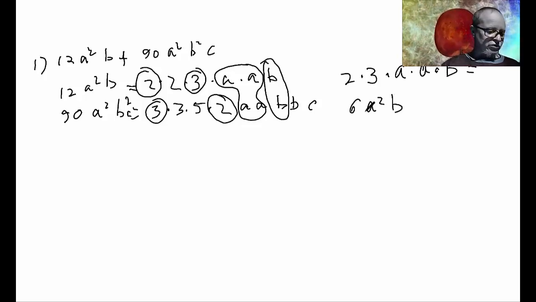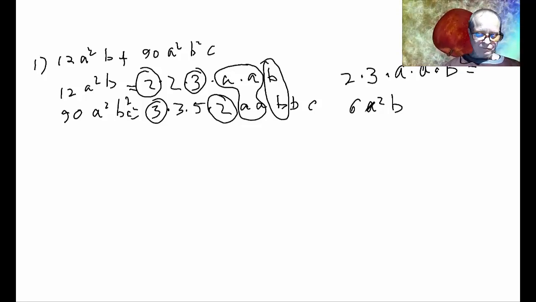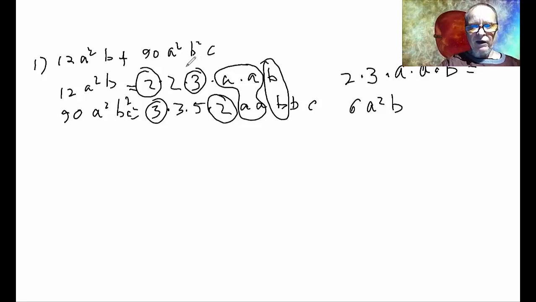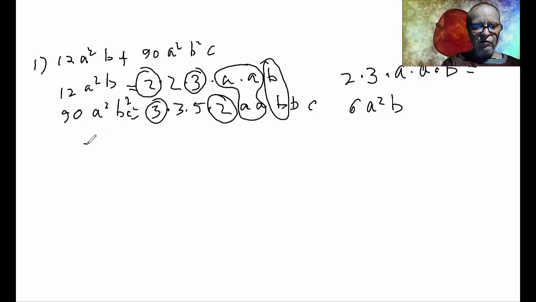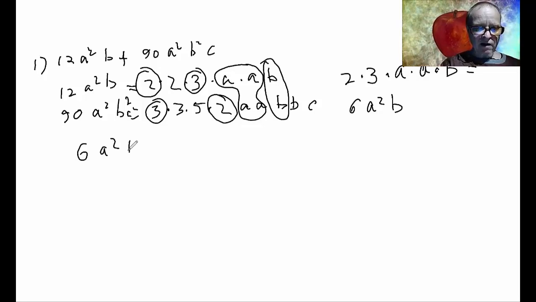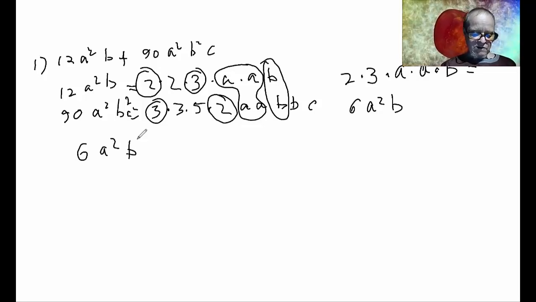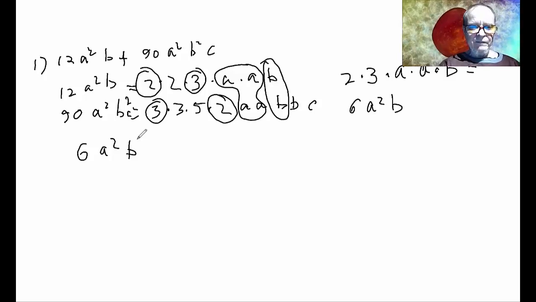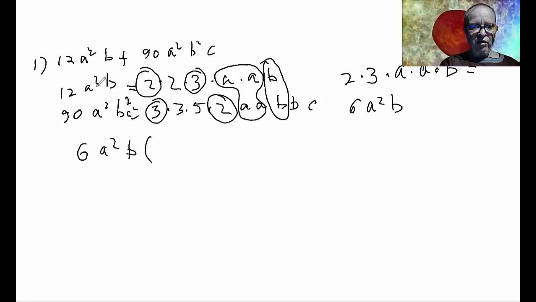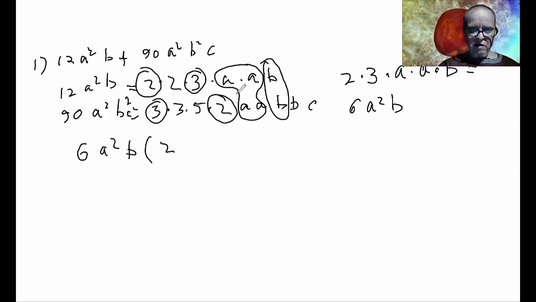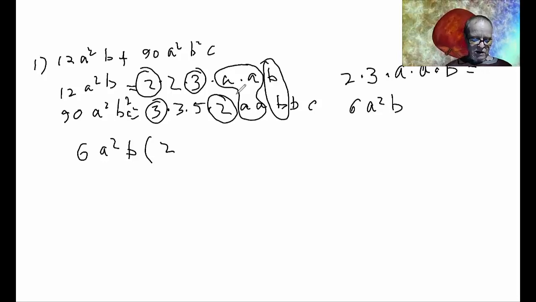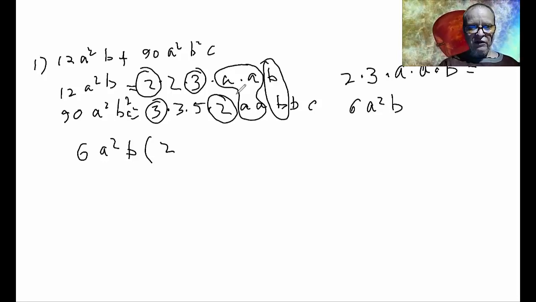Now we want to put it all together with this. So we have what's left over. So we have 6a squared b, and what's left over from the 12a squared b is 2, and that's pretty much it.